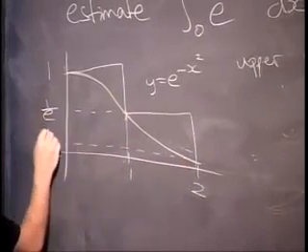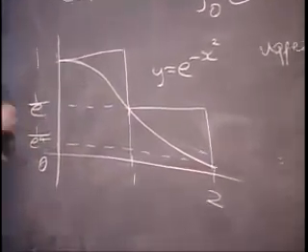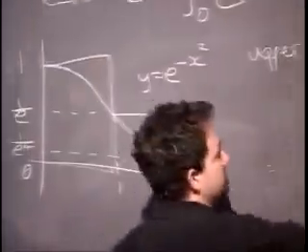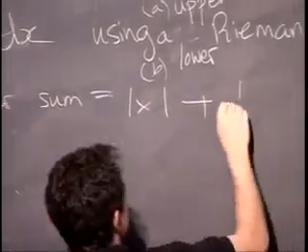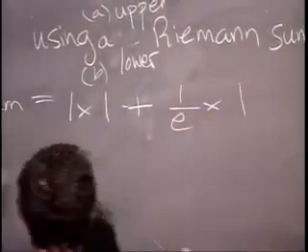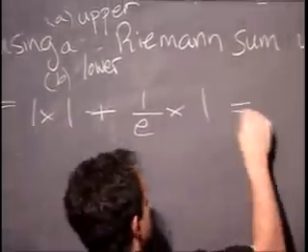And this height is 1 over e to the 4th, as we saw before, e to the minus 4. So actually, the upper sum is just a 1 by 1 rectangle plus a 1 over e by 1 rectangle. Both strips have width 1, so this is the strip and this is the strip. So it's just 1 plus 1 over e.